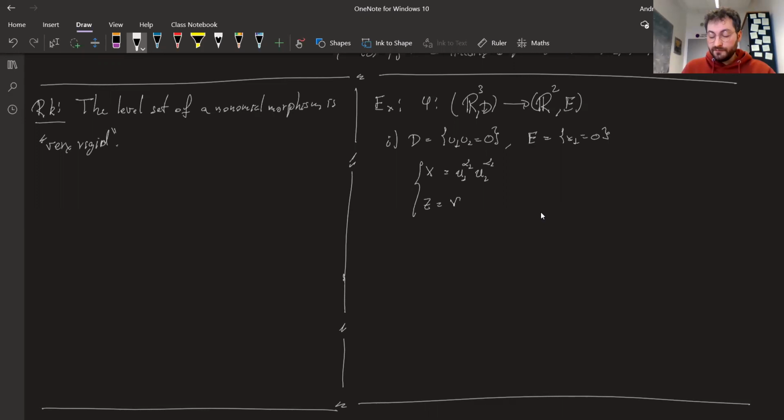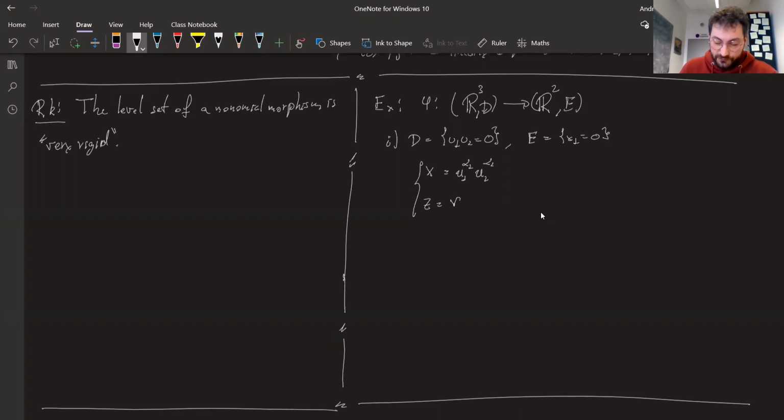So, okay, the level sets of this morphism are going to be given by curves or points, right? And it's going to generate a foliation for us. A foliation we will be able to see via a vector field in this case.